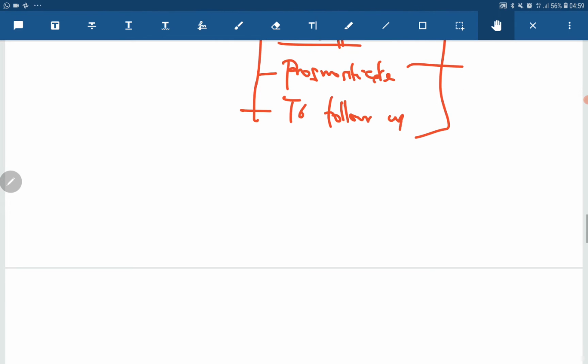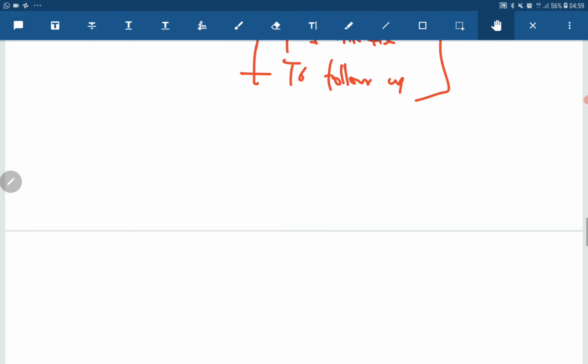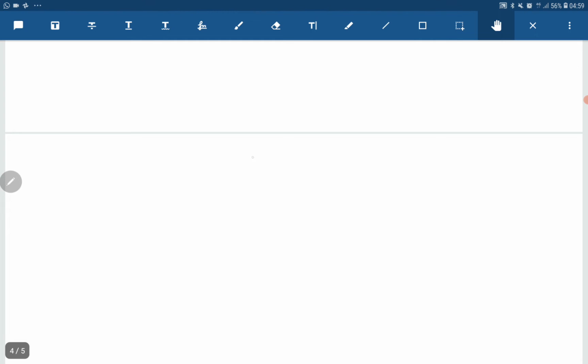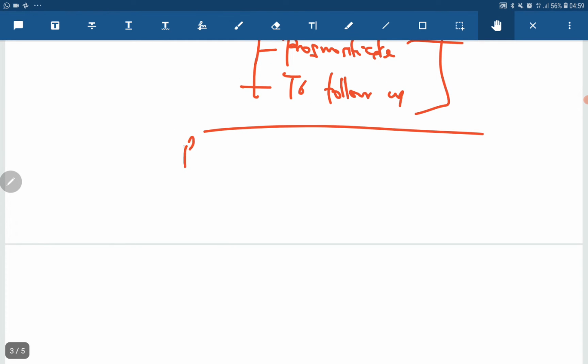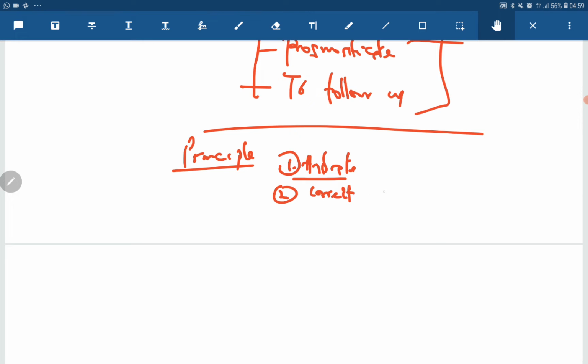After the investigations, the next thing you want to do is treat. What is the principal treatment in a patient with DKA? The principles include: 1, you want to hydrate the patient, which is very important. That's where it begins from. Number 2 is that you want to correct electrolyte imbalance, and this is very important.